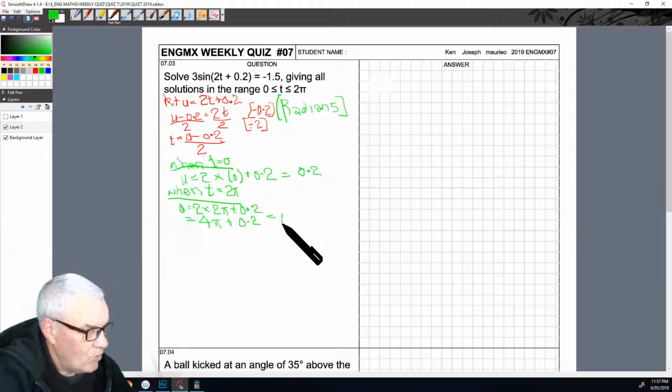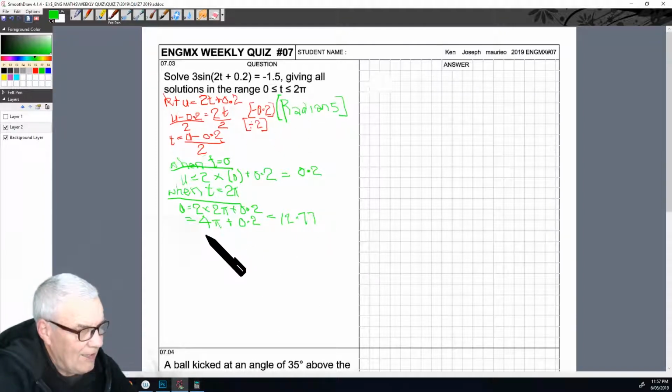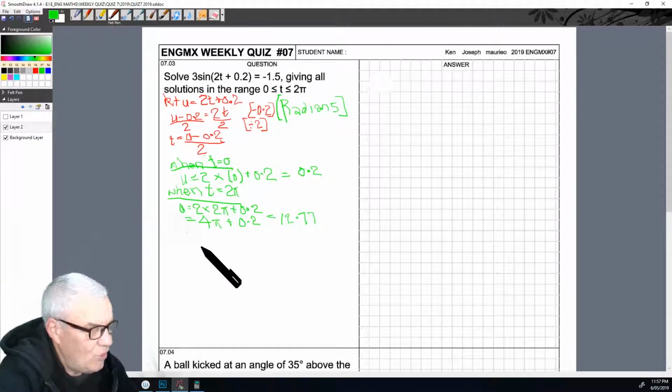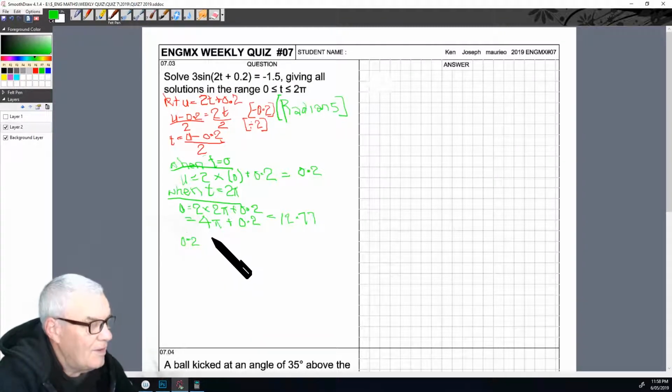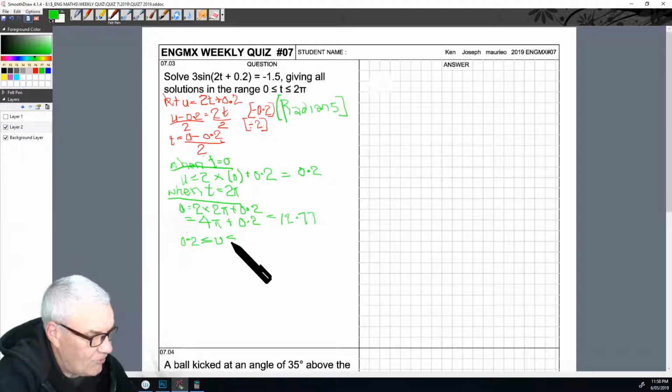12.77. So if we were to look at the range of u, we've got the range of u for this equation is 0.2 less than or equal to u, less than or equal to 12.77.